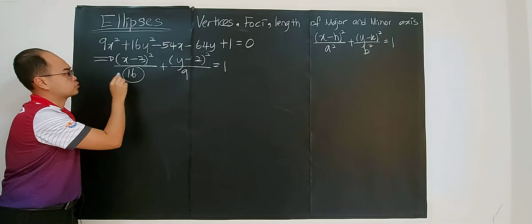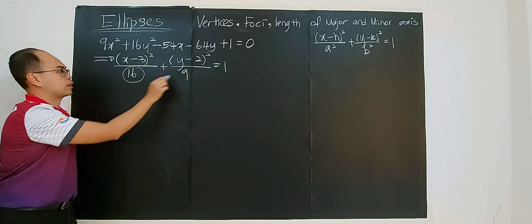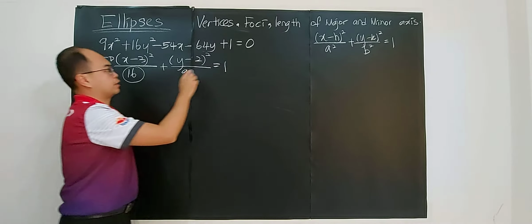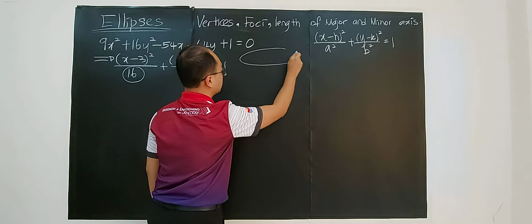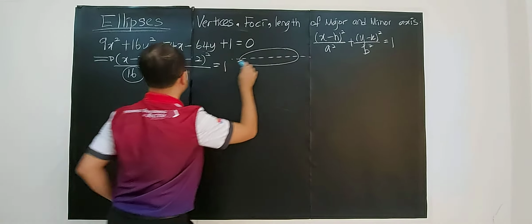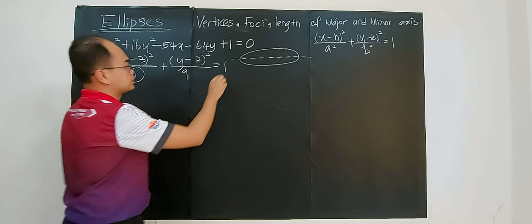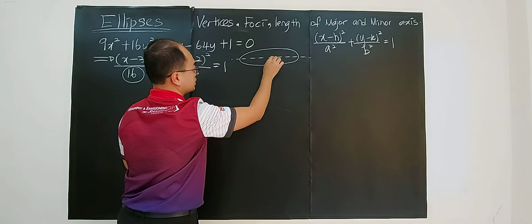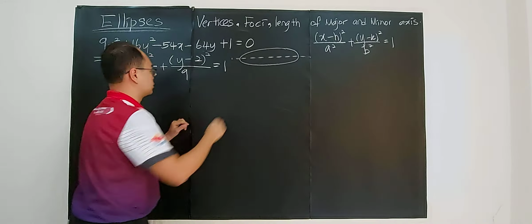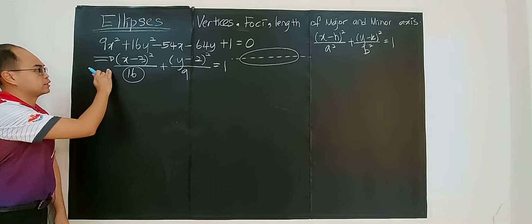This is bigger than this, right? So definitely this is your a squared and this will be your b squared, and the major axis will be horizontal because under the x the value is bigger. So the vertices and the foci are on the horizontal major axis.